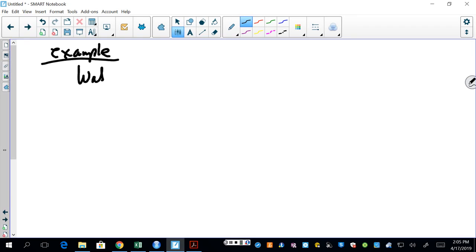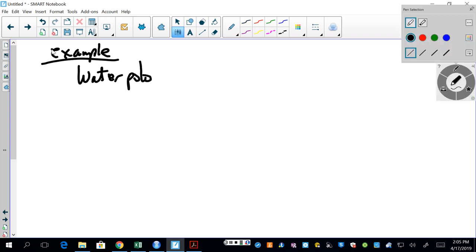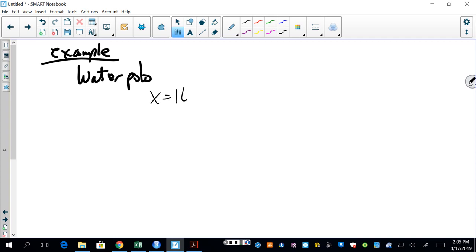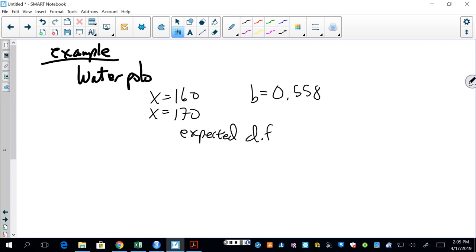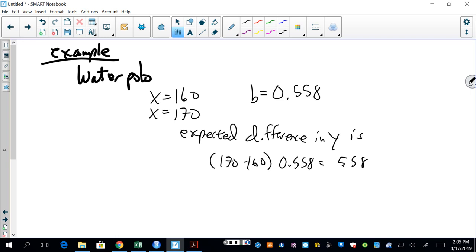The water polo. x equals 160 versus x equals 170. The slope was 0.558. So the expected difference in y between these two individuals is simply 170 minus 160 times the rate of change. So 5.58.